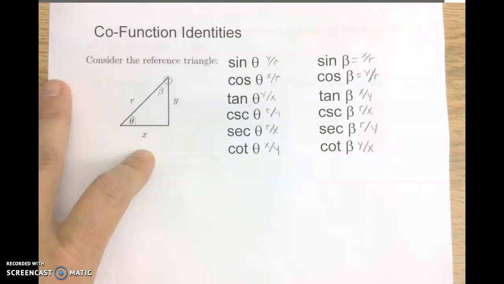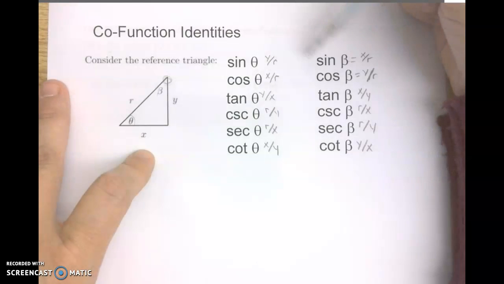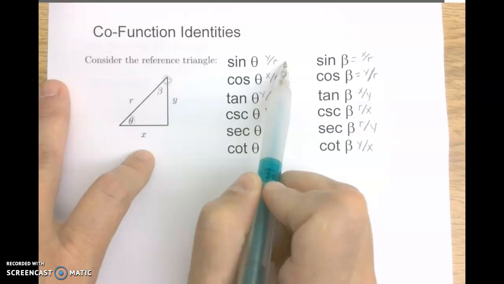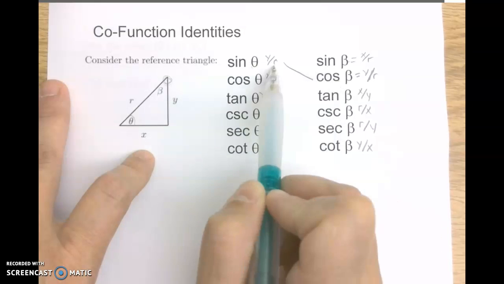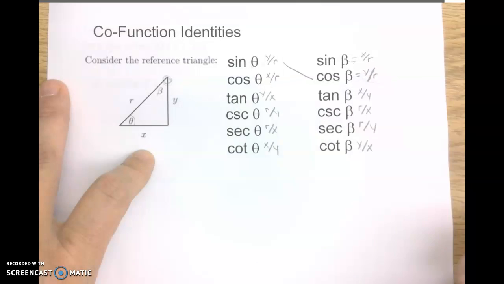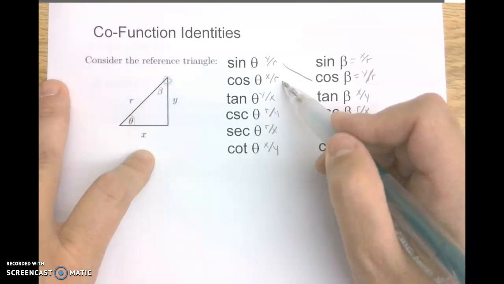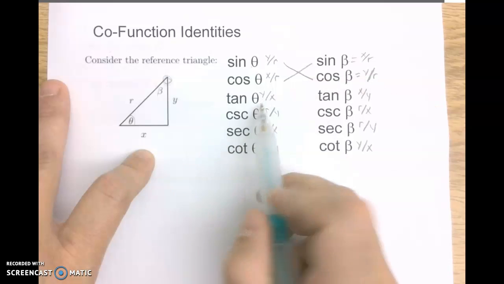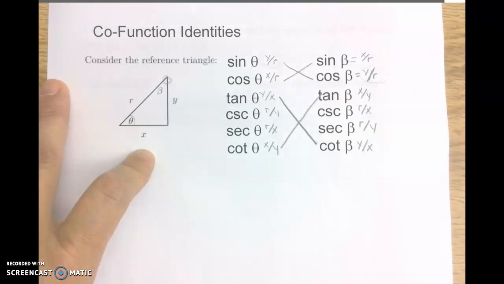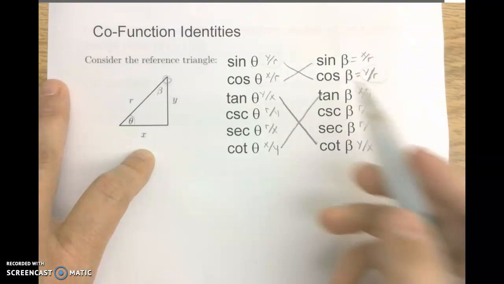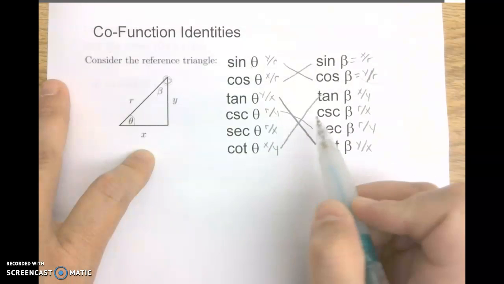The next thing I want you to do is see the correlations here. If you draw a line to match these up, sine of theta and cosine of beta, they're both y over r. And so we're going to go through and just match them all up. My tangents and cotangents match this way. And then my cosecants and secants match.